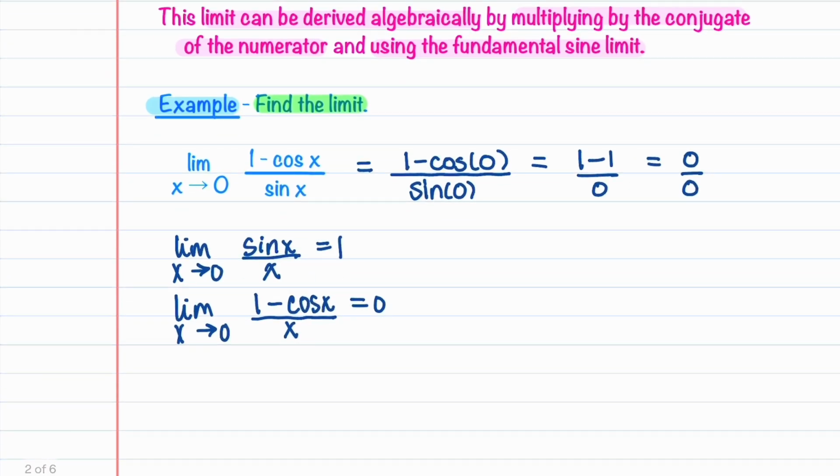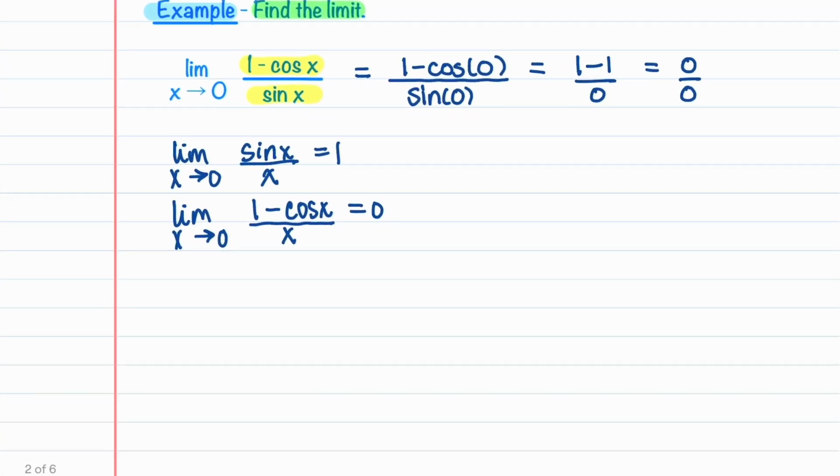When you look at the limit that we've been given, 1 minus cosine x over sine x, you can see that it's similar to these two limits, but there's no x there. So I think the best thing that we can do is divide both the numerator and the denominator by x. Let's go ahead and do that.